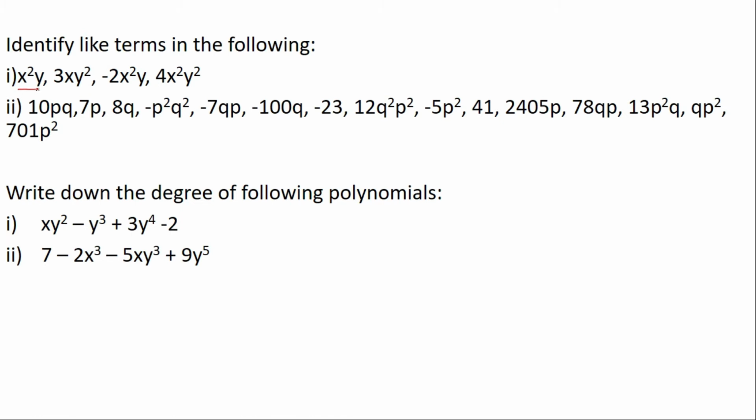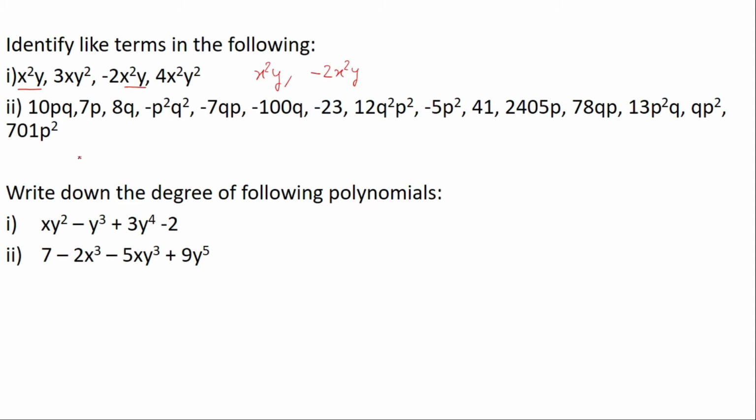Here we have this one and this one are the like term because they are having the same variable, that is x square and y. So the like terms are x square y and minus 2x square y. In the second one, you have to identify the like terms.